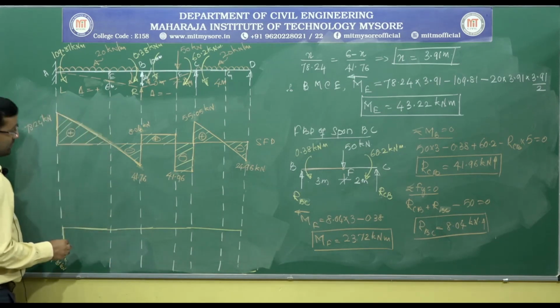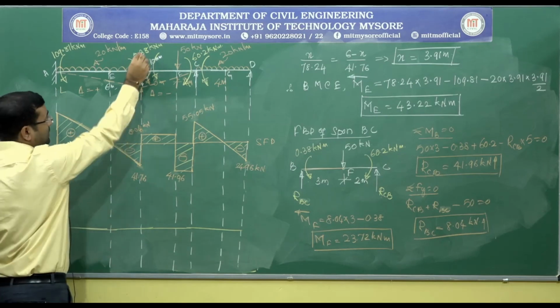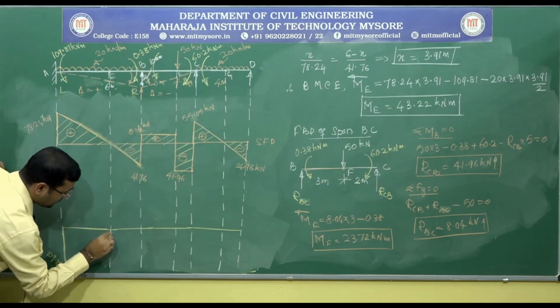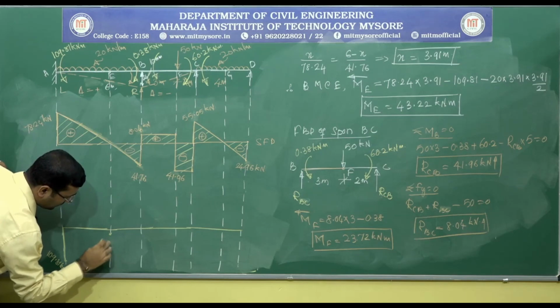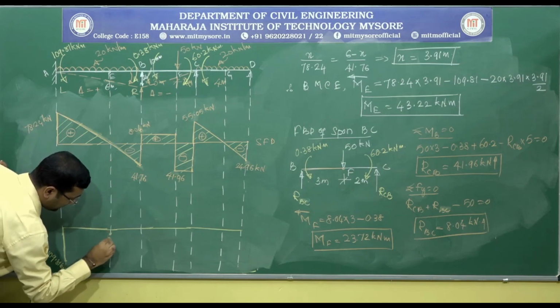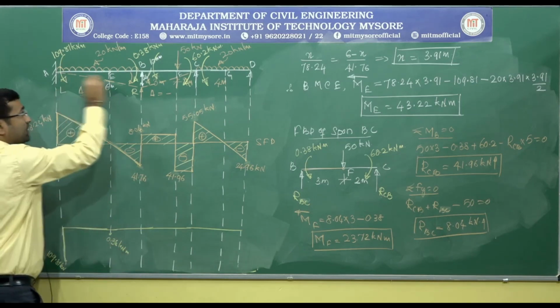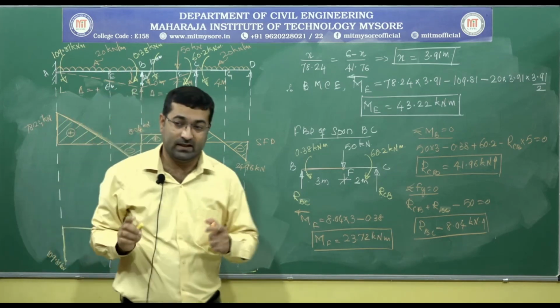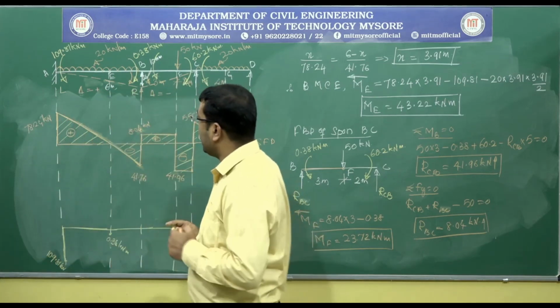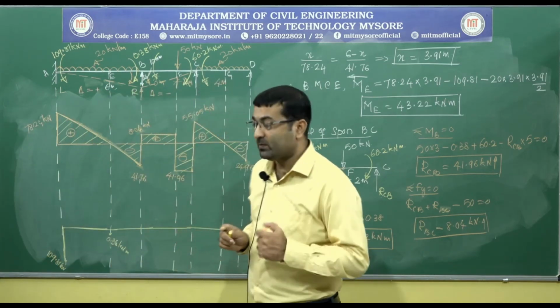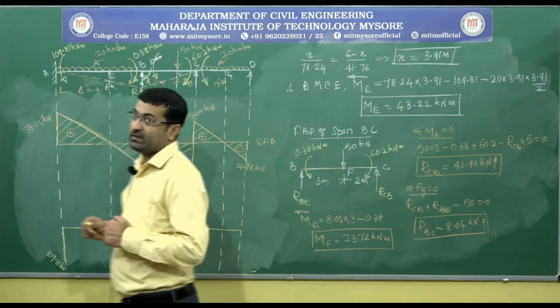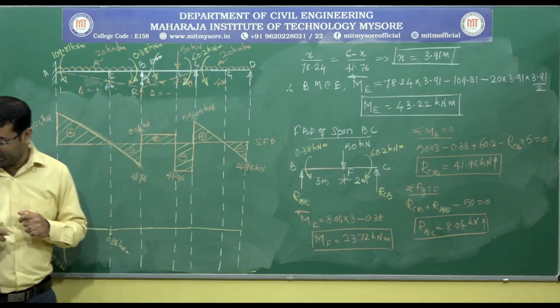So that also I need to represent on the negative side, but here the value is just 0.38. So I will be representing it very close to the datum line, 0.38 kilonewton meter. But in between the span AB, we have a point E. At point E the bending moment is positive and it is maximum.